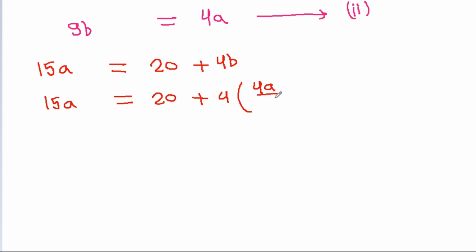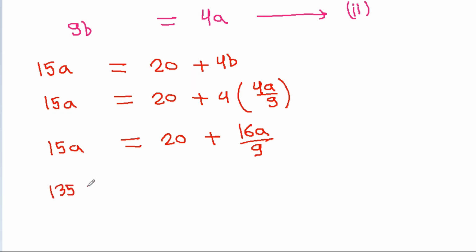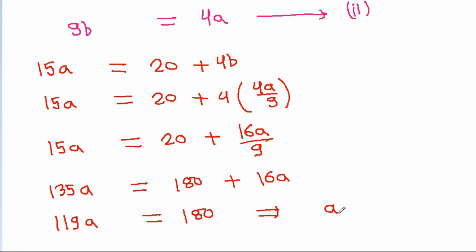So 15a is equal to 20 plus 16a by 9, and if we multiply by 9, then 9 times 15 will be 135a is equal to 9 times 20 is 180 plus 16a. And 135a minus 16a will be 119a is equal to 180. So a will be equal to 180 by 119.